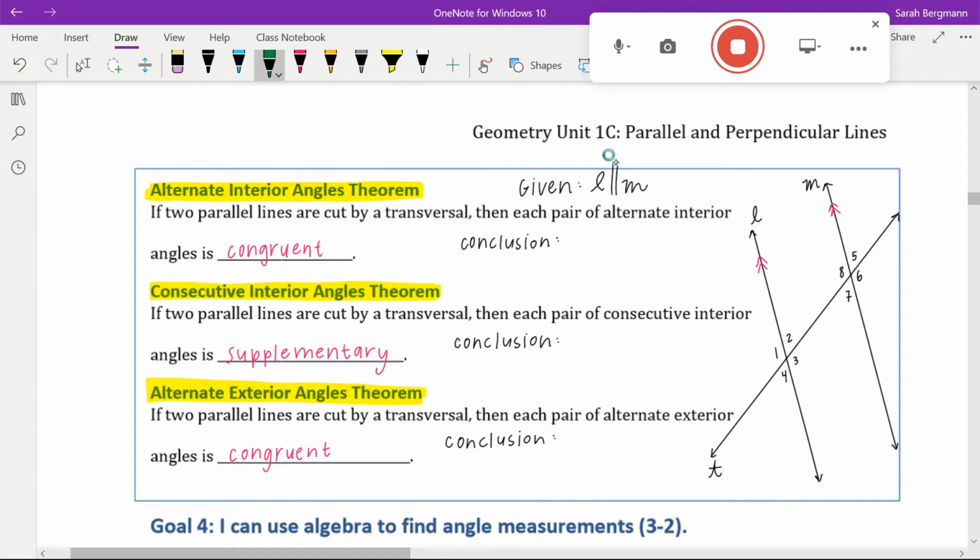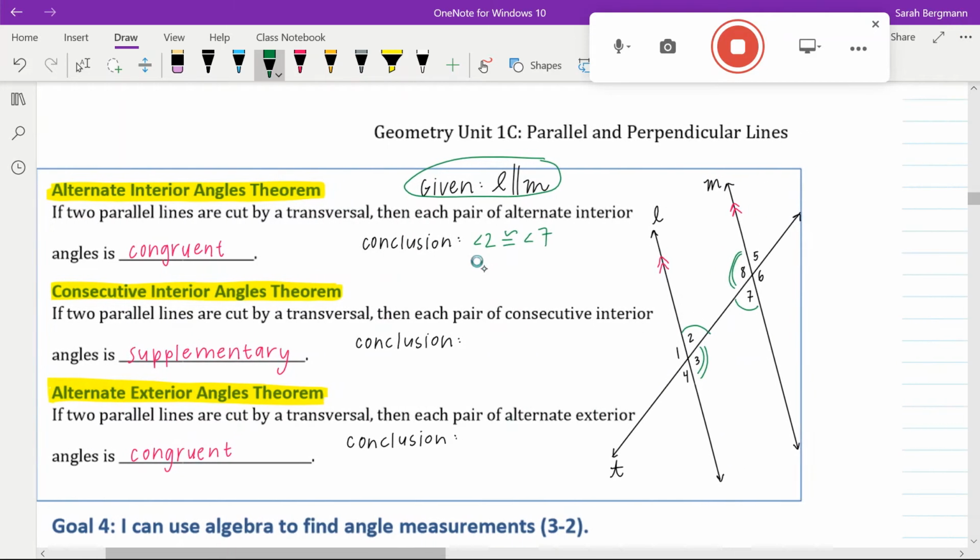For all three of these theorems, you must first be given that the two lines are parallel. In this case, for alternate interior angles, one example would be angle 2 must be congruent to angle 7. You could also conclude angle 3 must be congruent to angle 8.